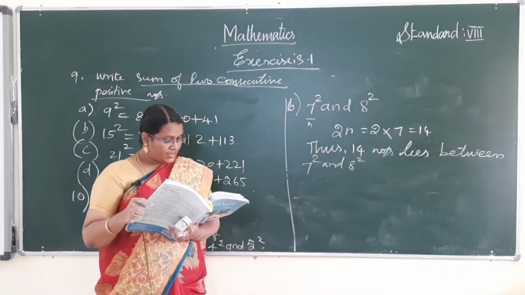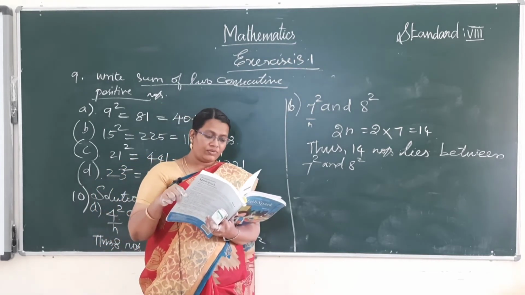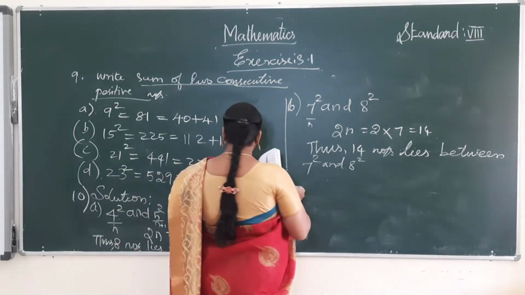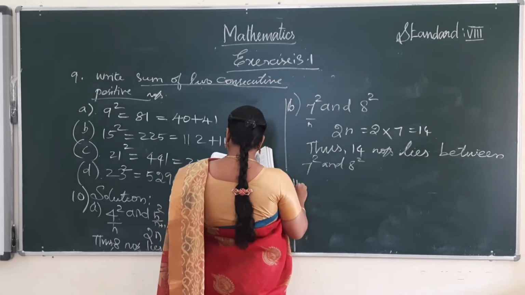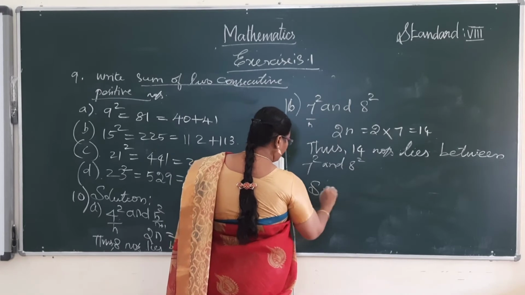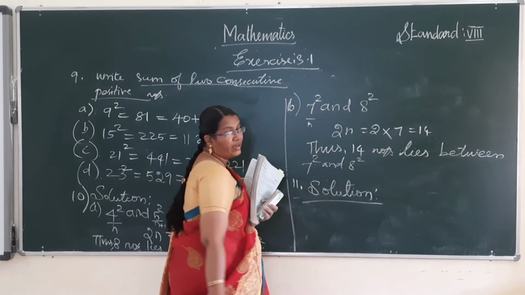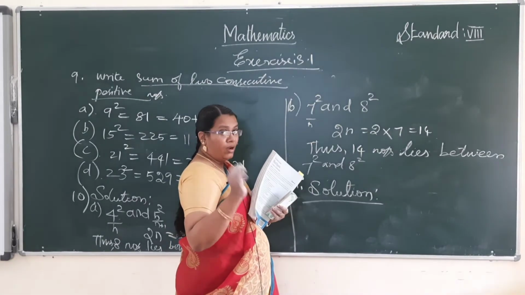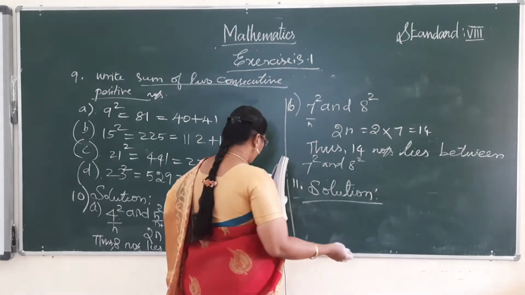11th one, express the following either in terms of a multiple of 3 or a multiple of 4. This is another one of the properties. Solution: express as a multiple of 3 or a multiple of 4, any one.